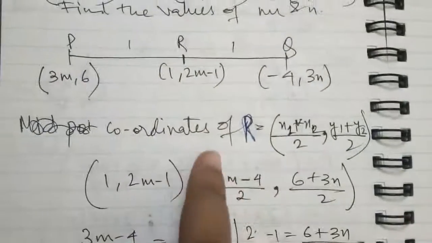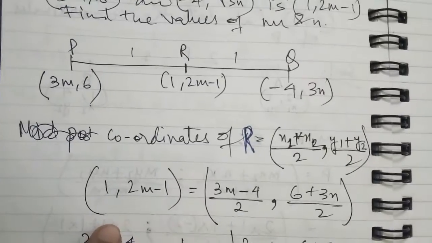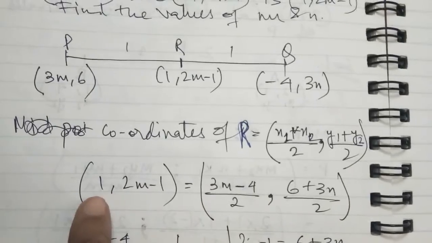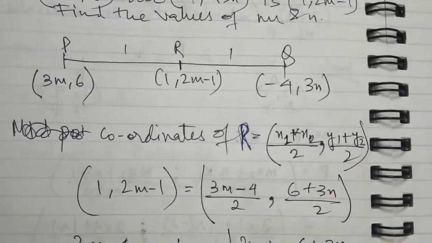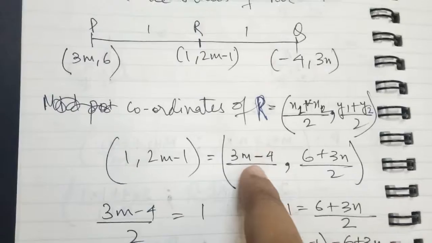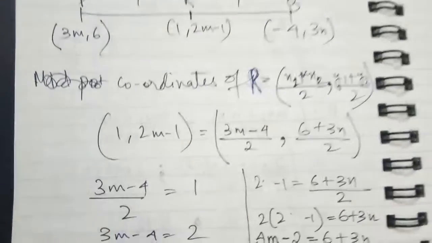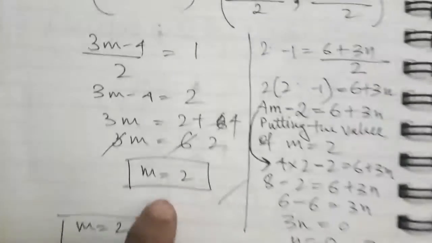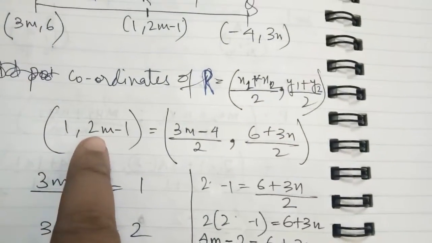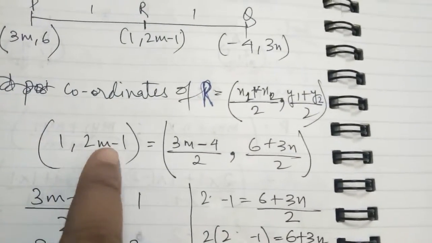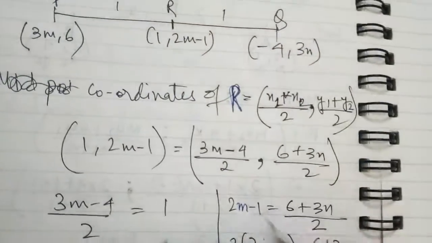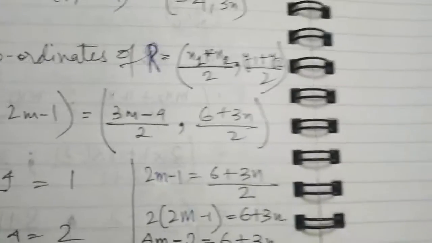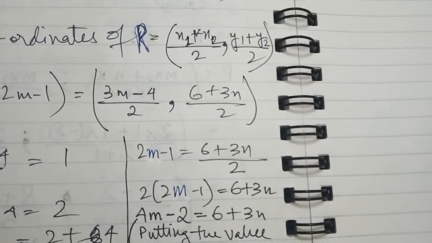Now I put the values with the coordinates I have written here. This is x, this is y. Now compare this x with the x coordinate of the midpoint written here. This 2 will come here and the value of m is coming 2. Now again we compare the y coordinates with the midpoint. 2m minus 1 equals 6 plus 3n by 2.